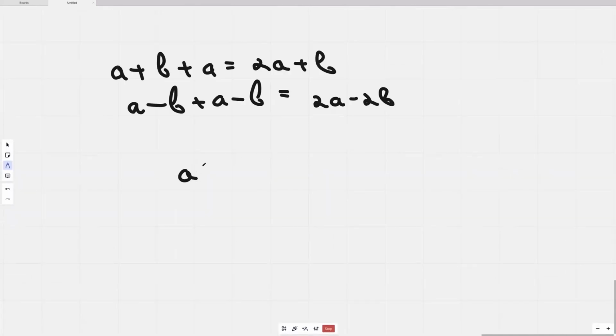So for example, say a squared multiplied by b and multiplied by negative a and multiplied by b squared or something like this.